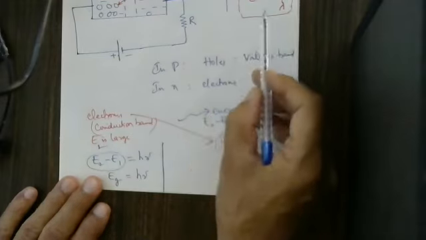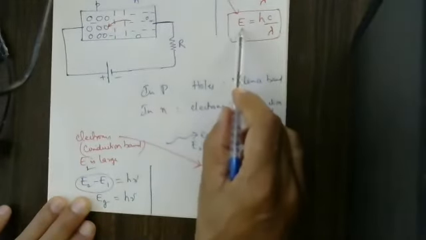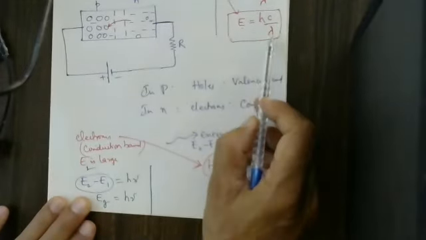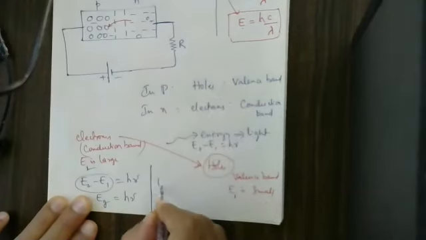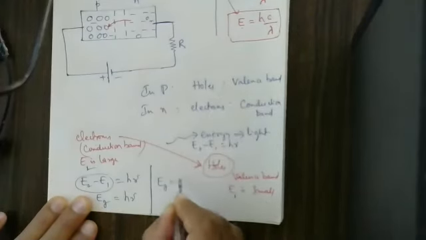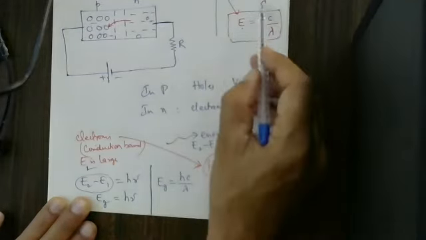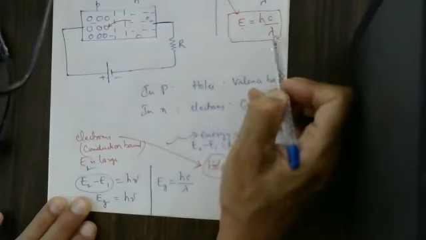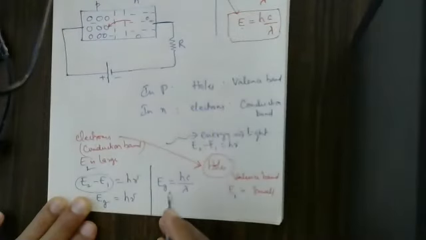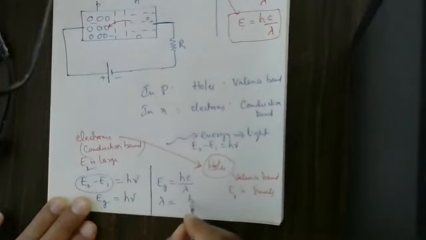But the energy gap can also be written as hc divided by lambda. Therefore, Eg is equal to hc divided by lambda, because nu is equal to c by lambda. Therefore, lambda is equal to hc divided by Eg.